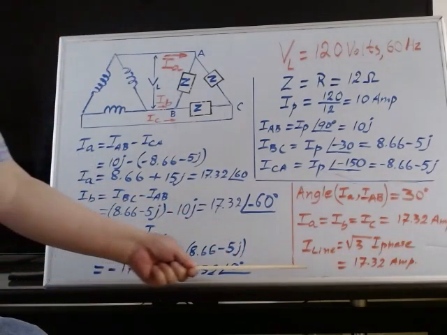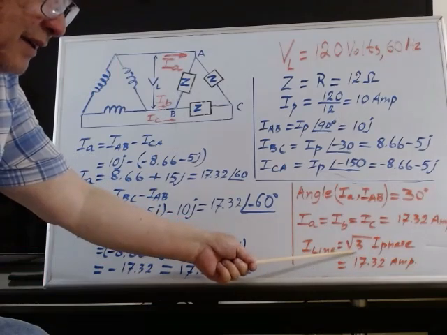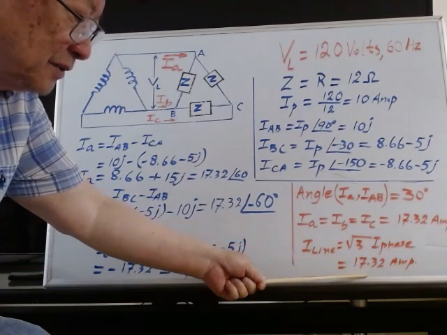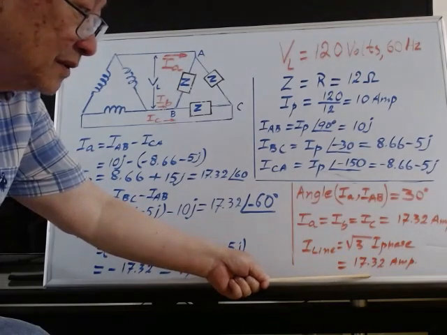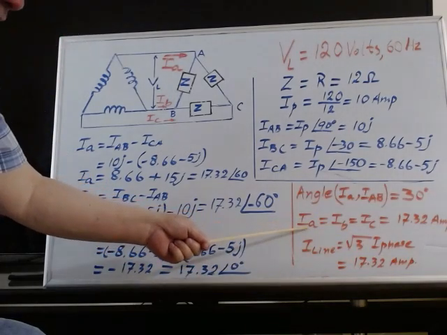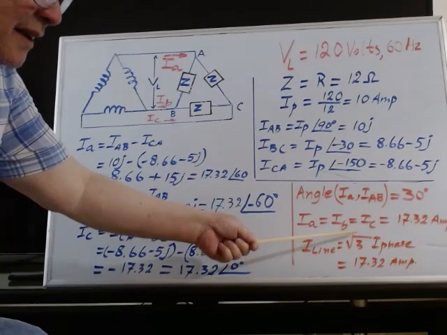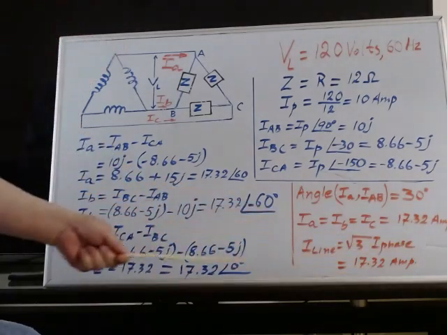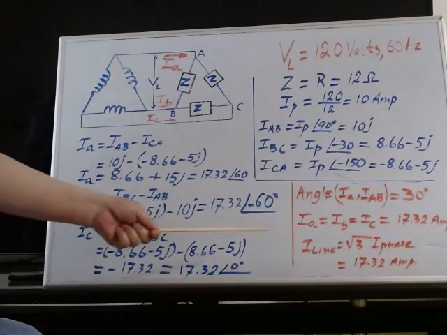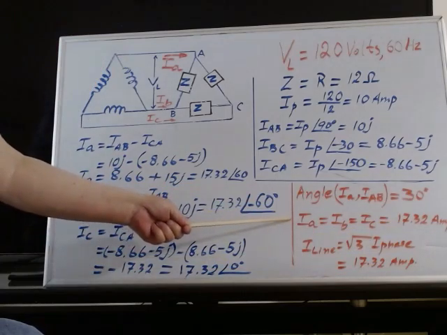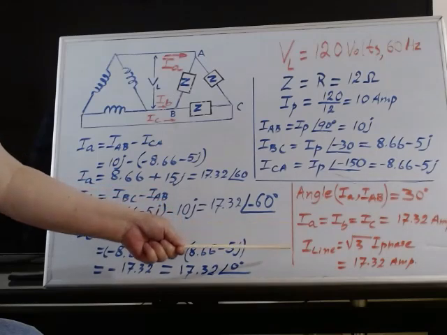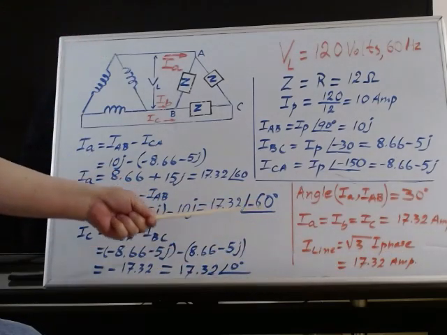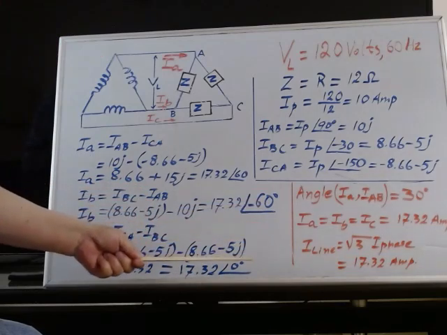So it is the square root of 3 multiplied by 10. It gives you 17.32. And we just found out IA, IB, IC equal to 17.32. So the relation of the line current and the phase current is completely correct here.